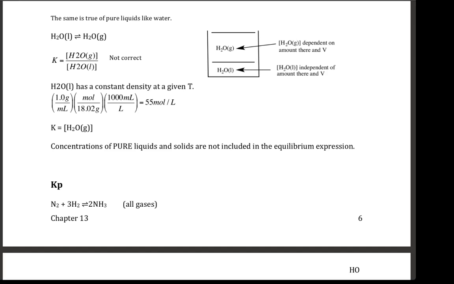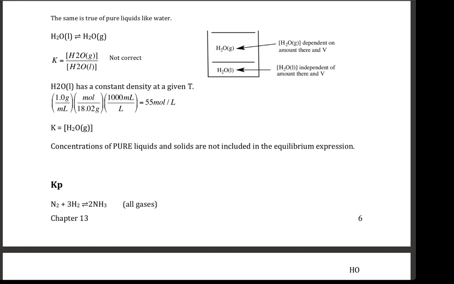So we leave it off of the equilibrium expression, and we have K is equal to simply the concentration of the H2O gas. And what we conclude here is concentrations of pure liquids and pure solids are not included in the equilibrium expression. We only include in our equilibrium expression concentrations that can vary.